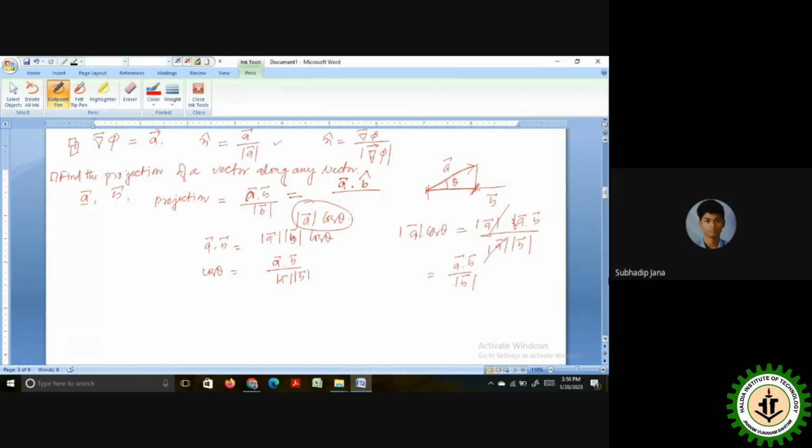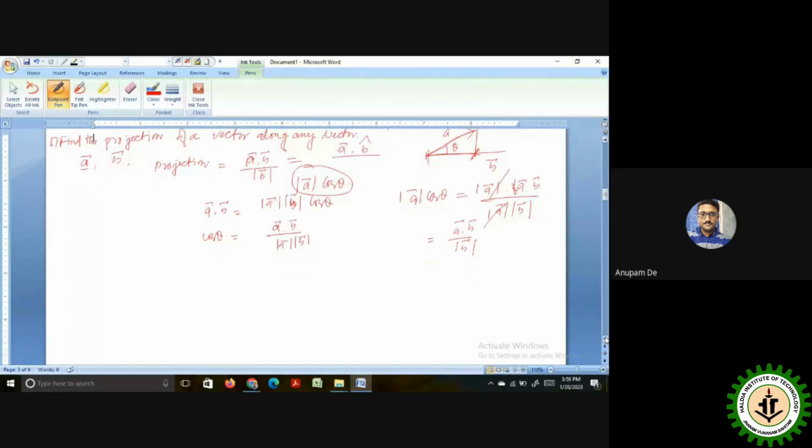Yes, sir. Now in this connection, you have the directional derivative. What is the directional derivative? The directional derivative is basically the derivative of a scalar phi along a direction, suppose a1 i plus a2 j plus a3 k.